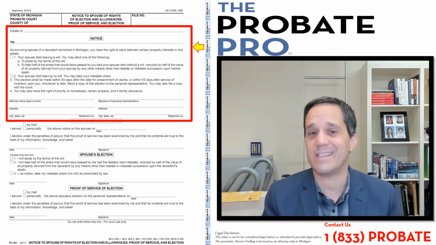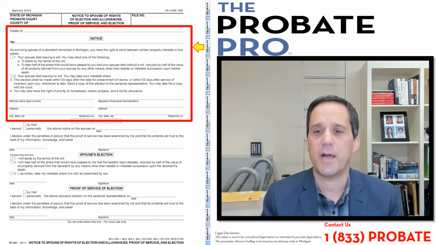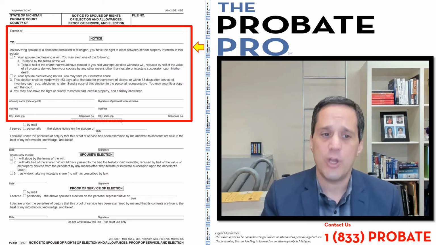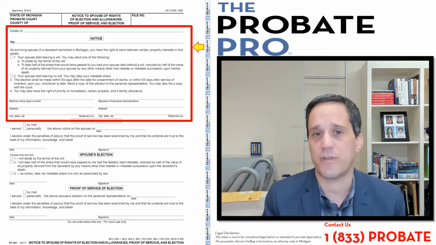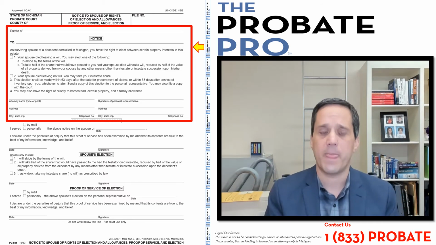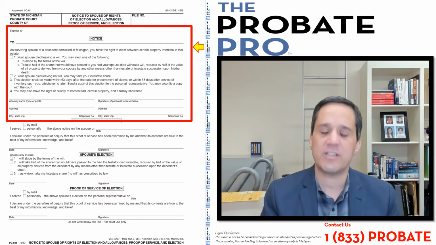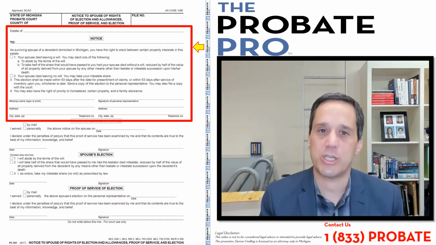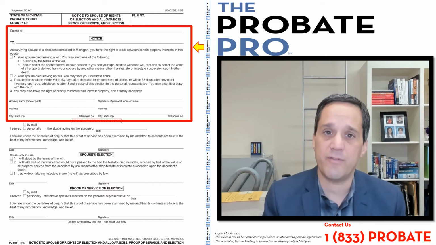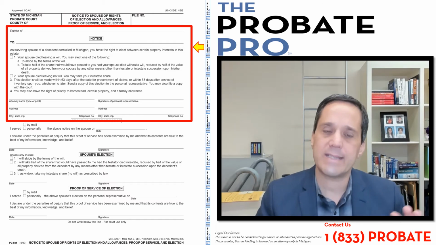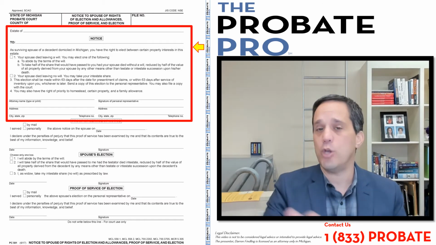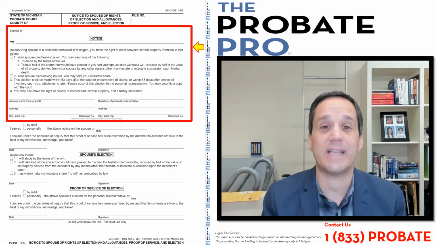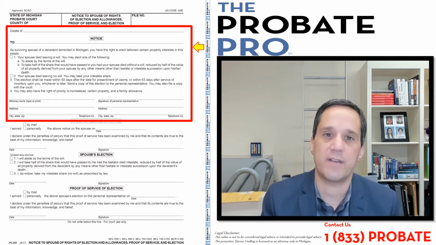Often it's presented to the probate court depending on the decision of the personal representative. So you have a time frame upon which to act, and this is giving notice to the surviving spouse of that time frame. And you then have to sign or send an election, and we're going to cover that form in another video. That election is an election of the spouse.